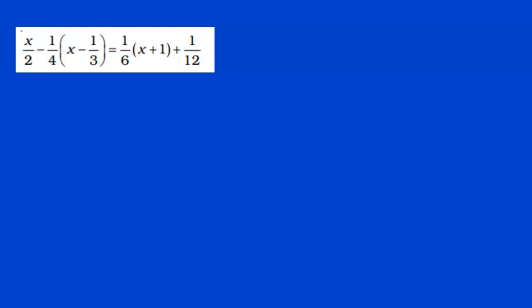But let's try to solve it. We have x by 2 minus 1 by 4 in the bracket x minus 3 minus 1 by 3 is equal to 1 by 6, and in the bracket we have x plus 1 plus 1 by 12. So let's see what we can do to solve it.